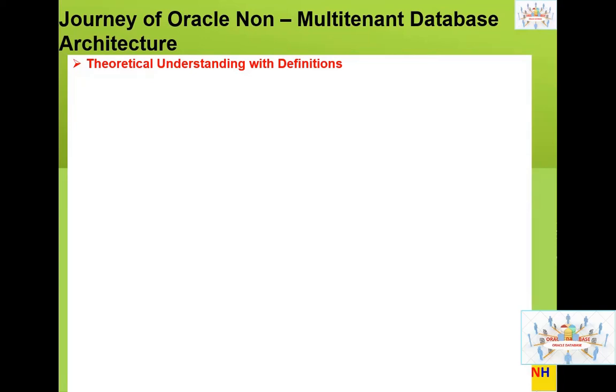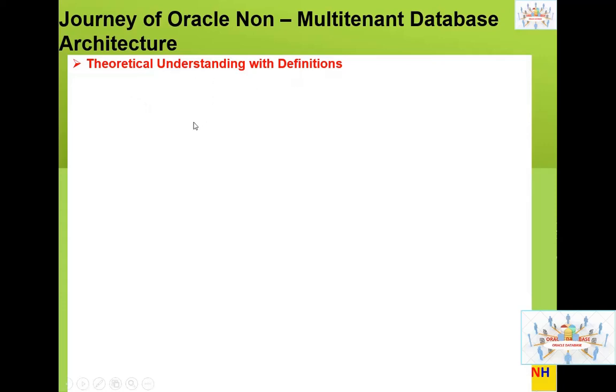There are certain memory components going to start, certain background processes going to start, and some interactions, right? There are a lot of things happening behind the scenes. Those things we need to understand in the architecture. So the very first thing is to get that understanding in a theoretical way with the correct definitions.